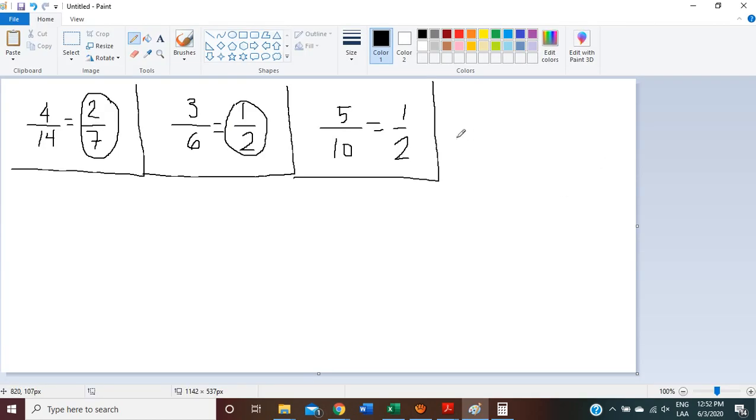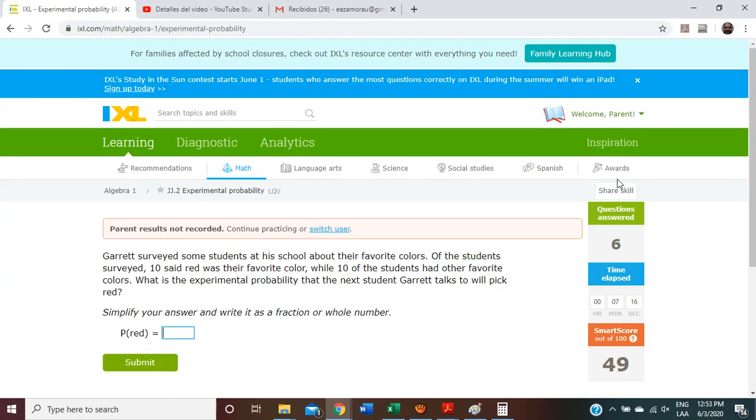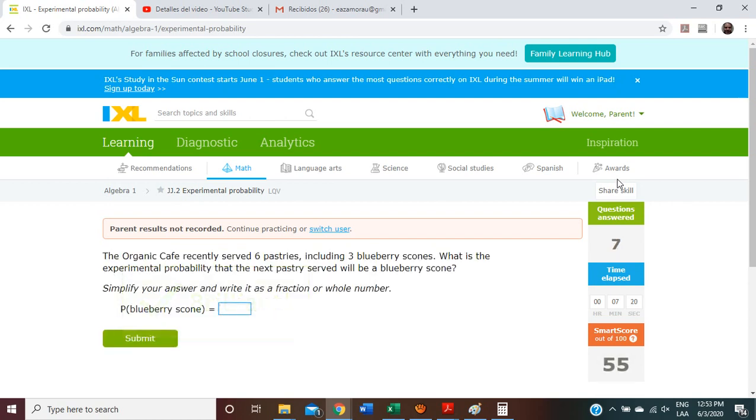So the total of the students surveyed was 20. Out of those 20, 10 said that their favorite color was red. So it gives us a probability of 1/2. So 1/2 is our probability.